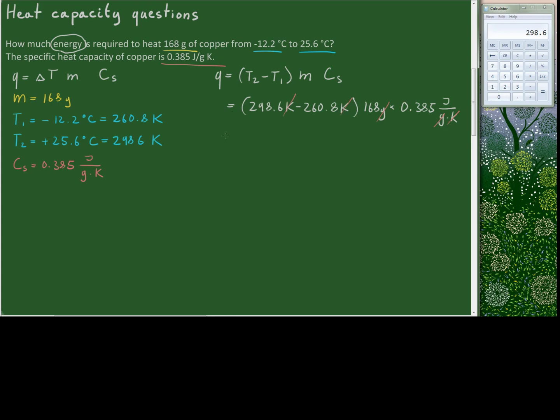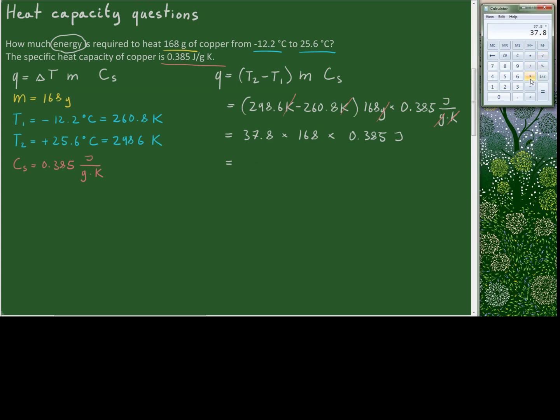So now we can have 298.6 minus 260.8, which will give us 37.8, so that is the actual temperature difference, times 168 times 0.385 joules. I may have jumped the gun on cancelling the units, but that's okay.